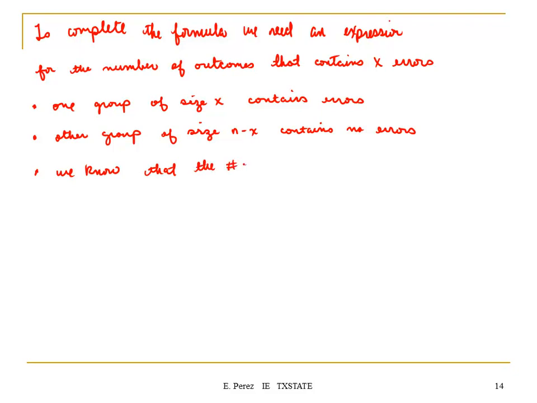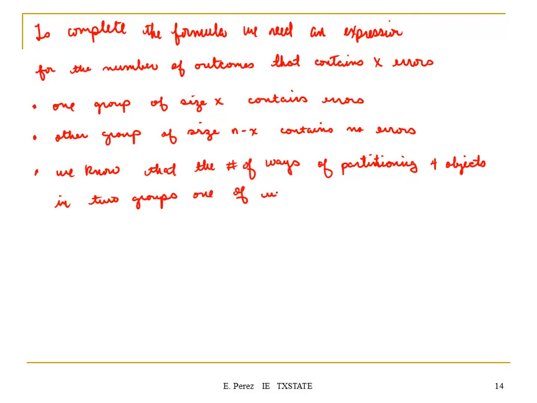the number of ways of partitioning objects in two groups, one of which is of size x, is... If you want to partition 4 objects into 2 groups, do you know a way to compute that partition?